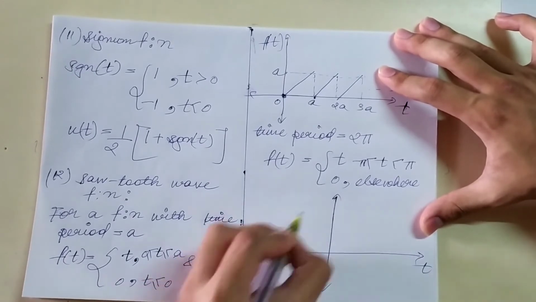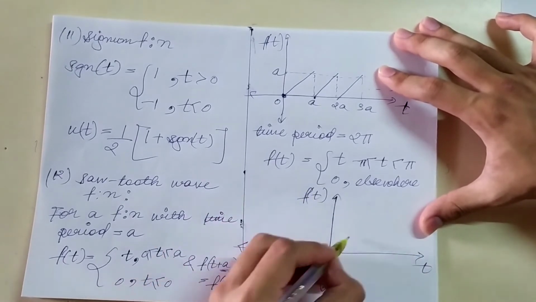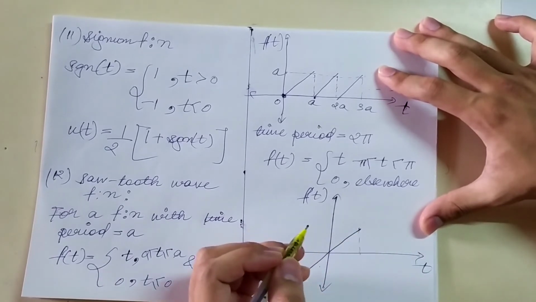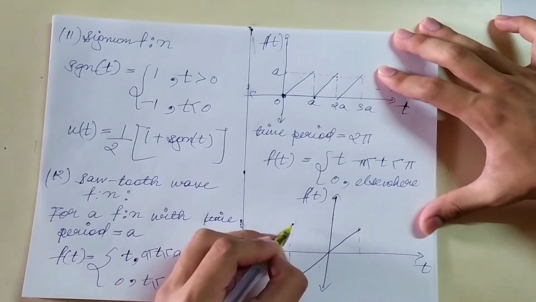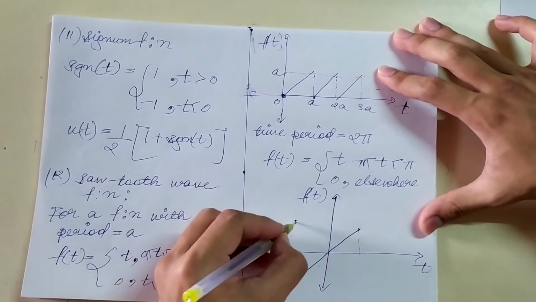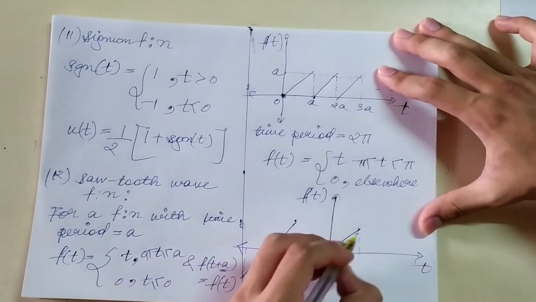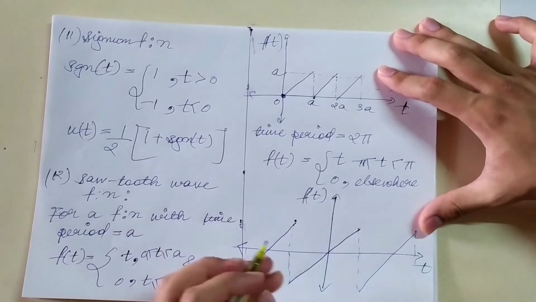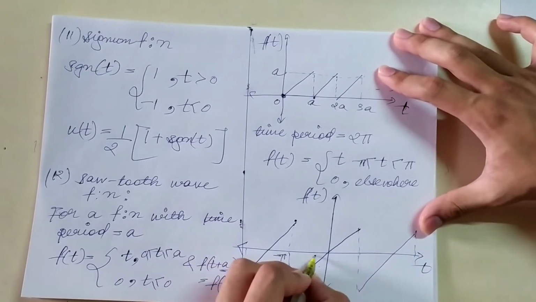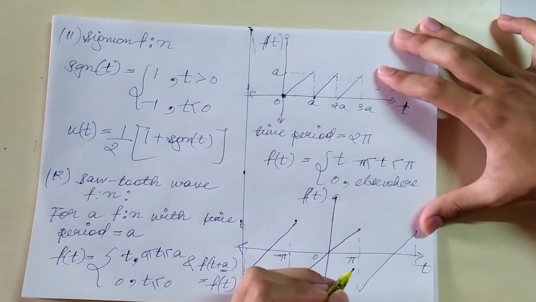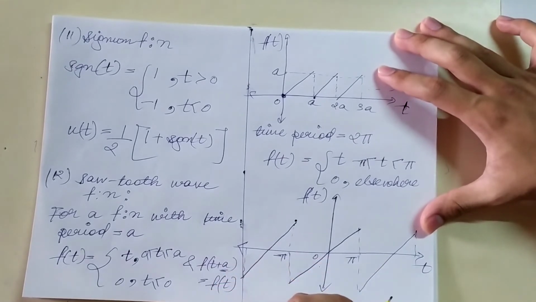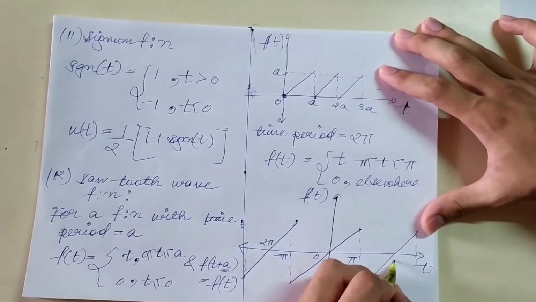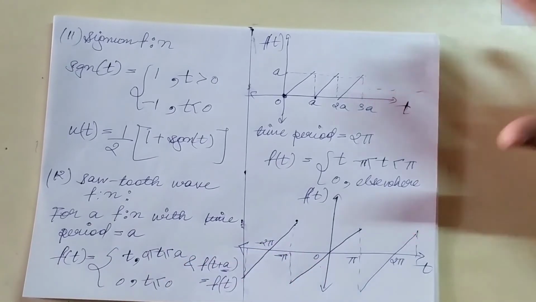This is t, this is f(t). This is minus pi, 0, pi. This is minus 2 pi. This is 2 pi, and so on.